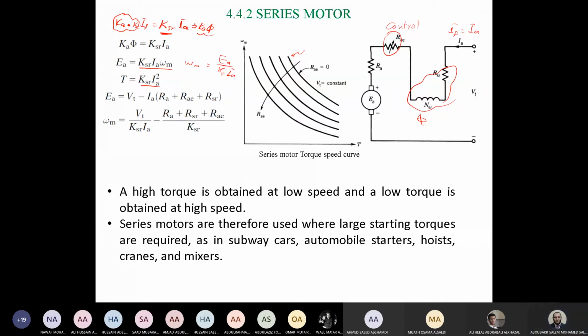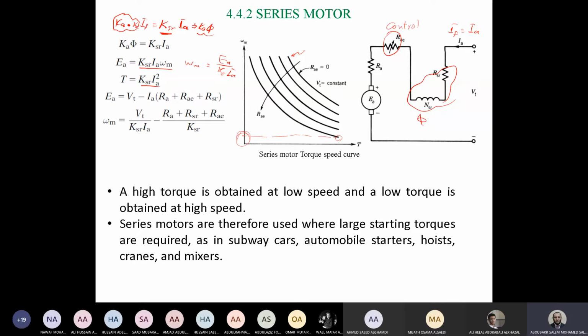From the characteristic here, guys, we can say that at a small value of speed, which means at the starting of the machine, it can support a high torque load. Right, guys? As you can see, the torque here is very high compared to previous types of motors like separately excited and shunt.